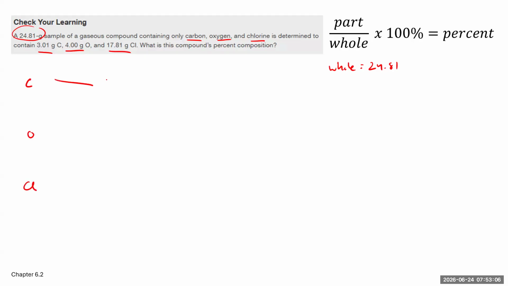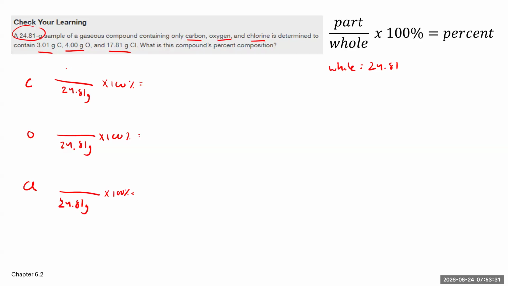Everything's going to be the same for the denominator and the 100% because these are all percent calculations. We know the total for the whole thing: 24.81 grams.